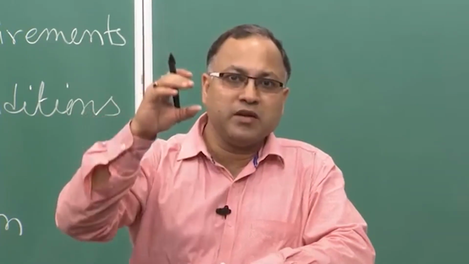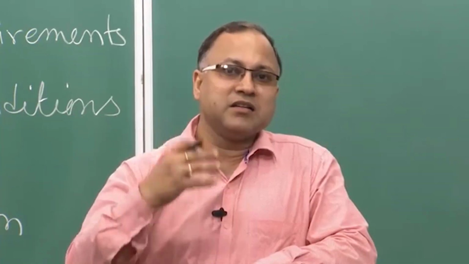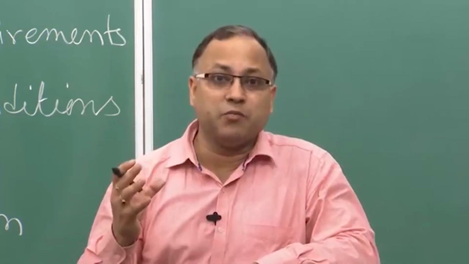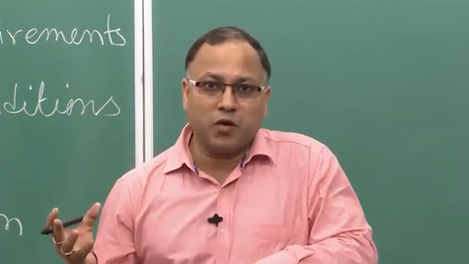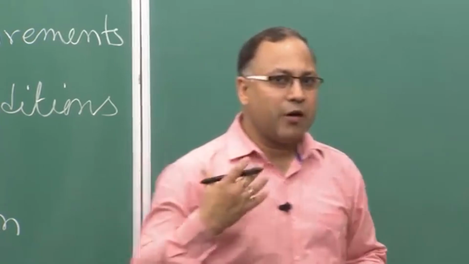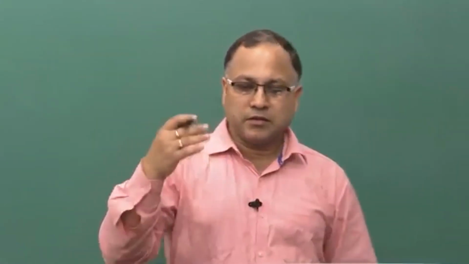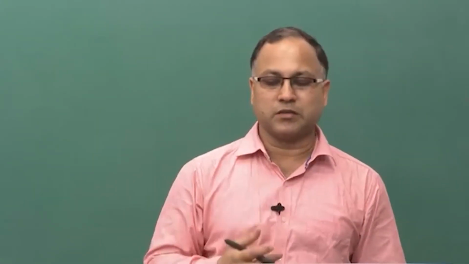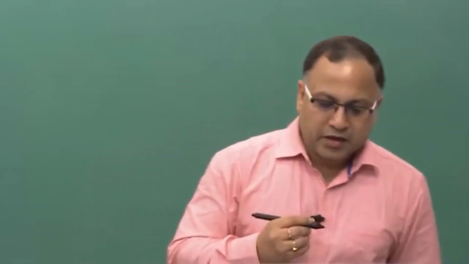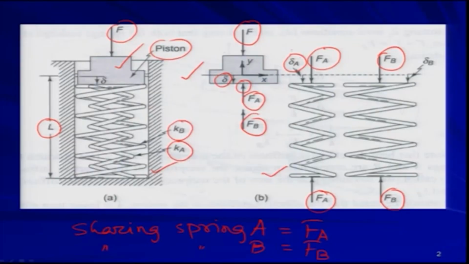The piston is moving down because the springs are deforming. If the springs were rigid bodies, this movement would not be possible. Springs allow some movement, so that is why this delta is possible. Delta A is the deformation of spring A, and similarly, delta B is the deformation of spring B. Okay, so everything is clear.